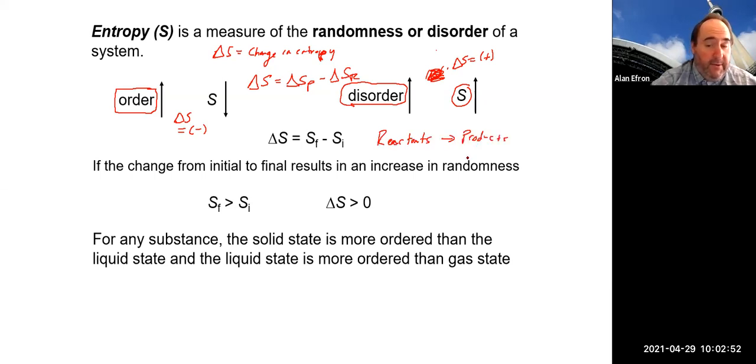So products are our final state, and reactants are our initial state. That's why we take final minus initial, where we ended up. And that's why, just like what we did with delta H, we take products minus reactants, and that gives us the difference between the final state and the initial state in terms of our delta S value. Any questions on that?